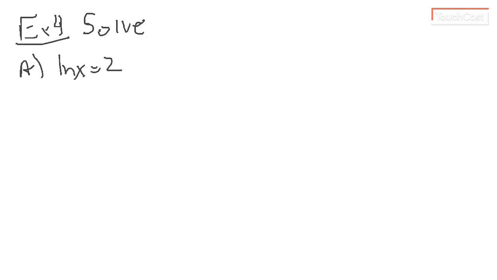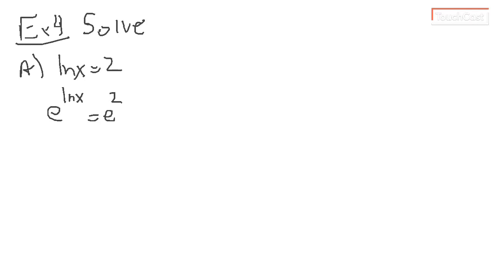So to solve this, we're going to take the base of the log and raise it to that expression, to both sides of this equation. So the base of the natural log is e. We're going to raise e to the natural log of x, and we're going to take e and raise it to the power of 2.